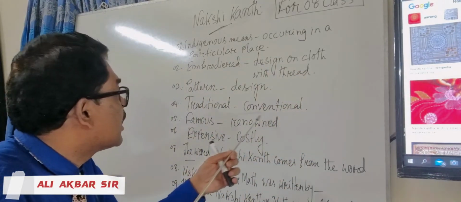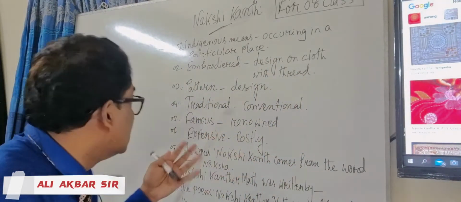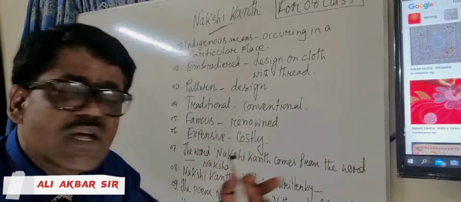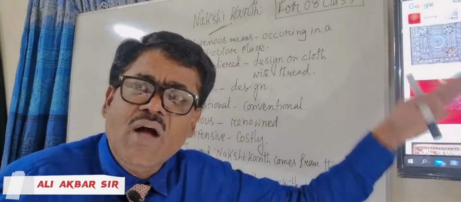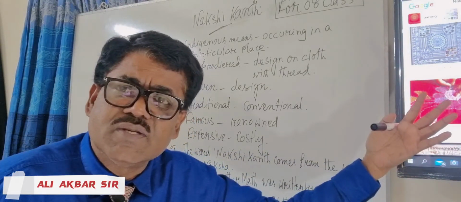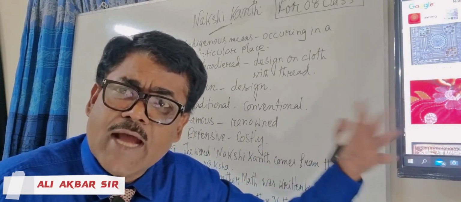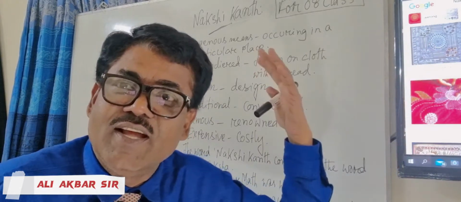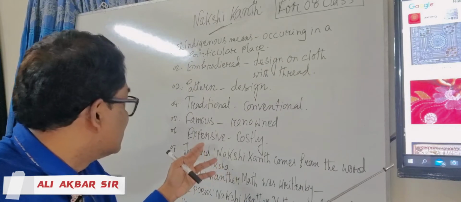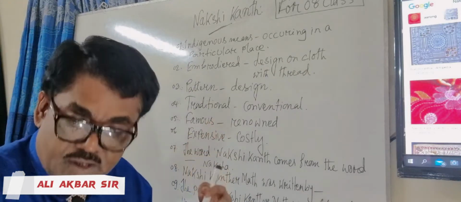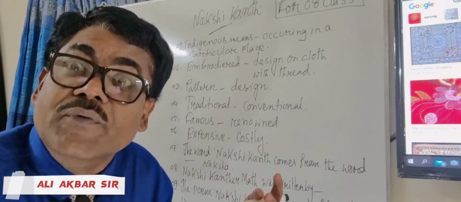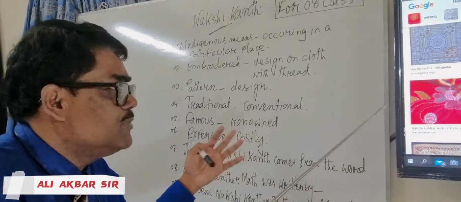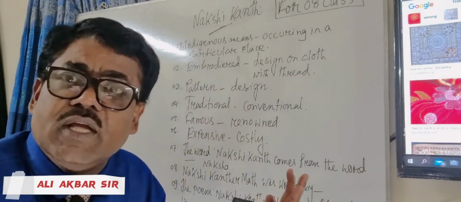Traditional means conventional. Students, here, famous. Yes, famous. This Nakshi kantha is famous in Bangladesh, and it also has a great demand in foreign countries. So this is called famous, renowned. Students, look at expensive. Expensive means costly.